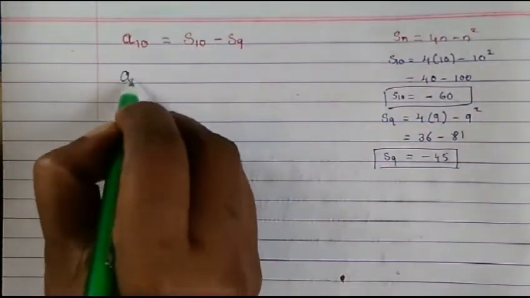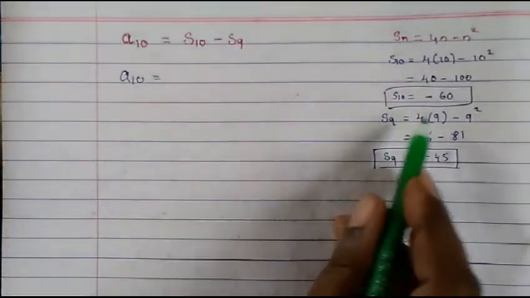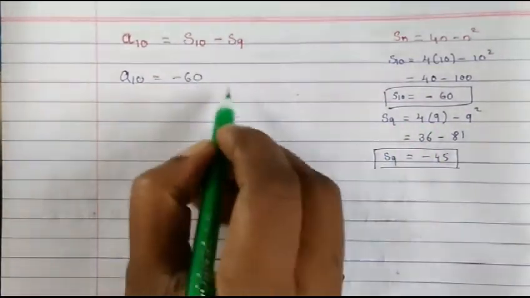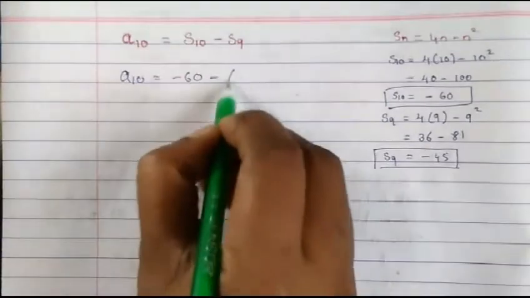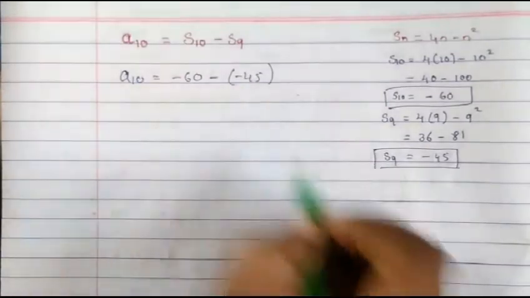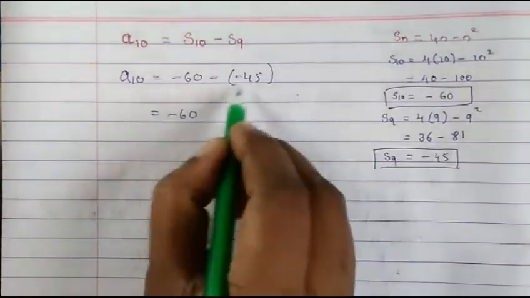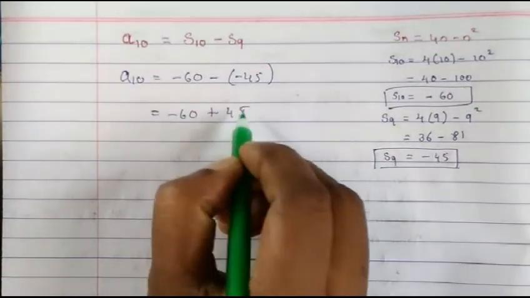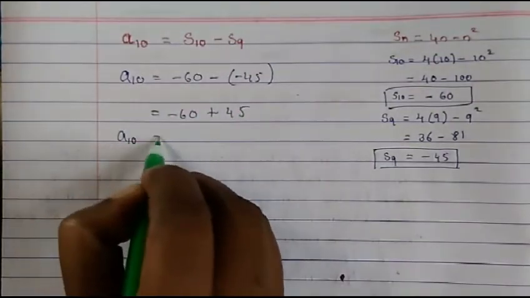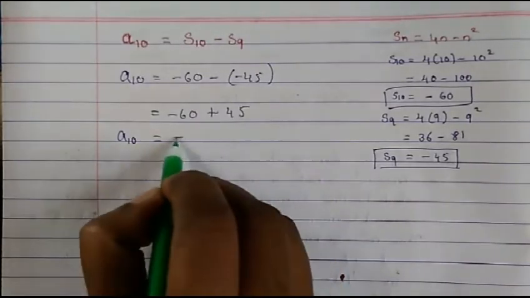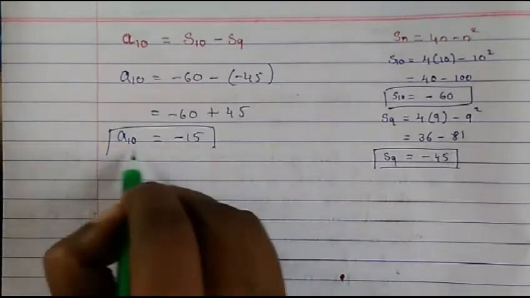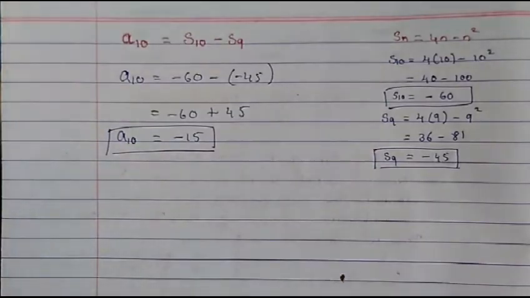Let's put it here to get A10. S10 is minus 60, S9 is minus 45. So minus 60, minus into minus is plus 45, which will give minus 15. So we found A10.